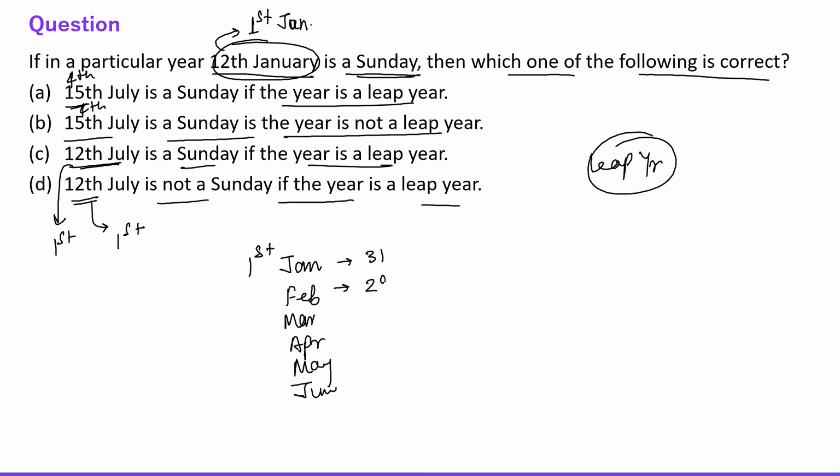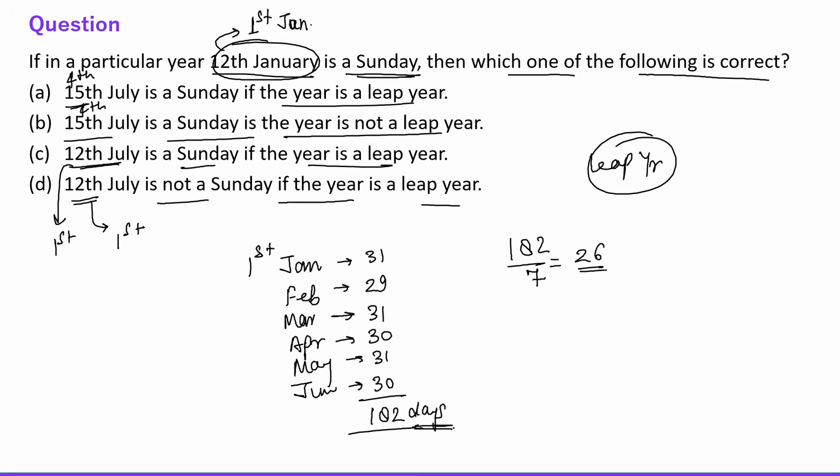So February is 29 days, March is 31 days, April 30, May 31, June 30. Just add all of them. This will be 182 days. If this is a multiple of 7, 182 is 26 times 7. Yes, it is a multiple of 7. This will give a 0 remainder.